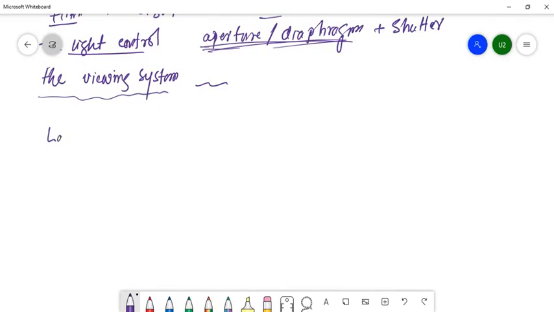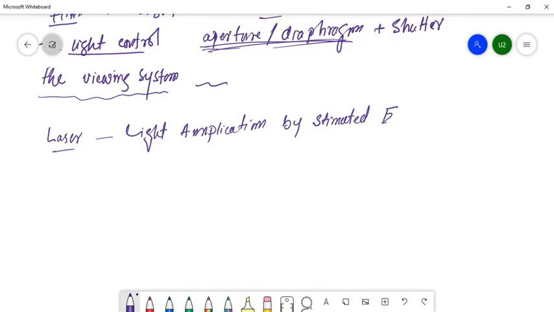Laser is an acronym for light amplification by stimulated emission of radiation. That makes laser.